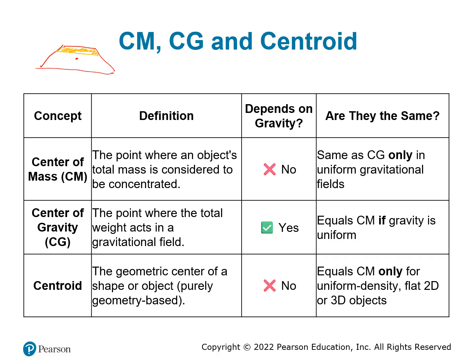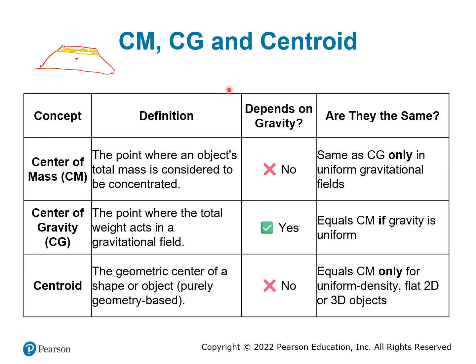Now on the third column that we're showing here, if you look at the center of mass, obviously it's not going to depend on gravity. This is physics that you read when you study physics. The mass is not going to change if you go to a different planet, right?